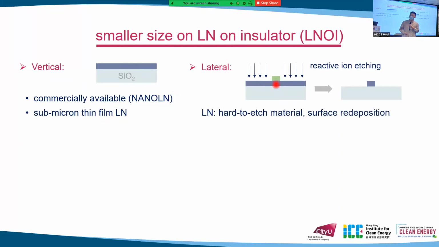Firstly, we have a mask, and then we transfer the pattern from the mask to the lithium niobate. However, lithium niobate is a hard to etch material. Also, during the etching process, we suffer from surface redeposition. So it is not easy work to etch lithium niobate.